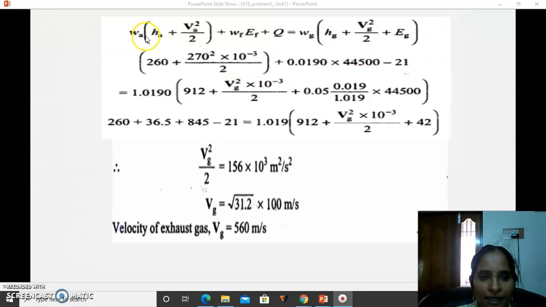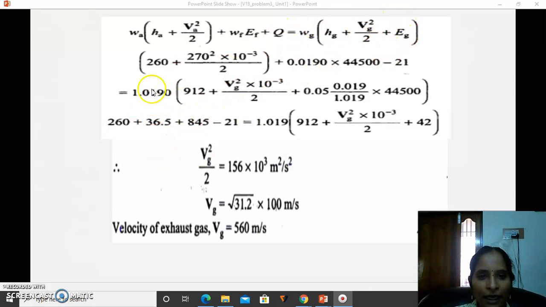Now just substitute here: enthalpy of the air has been given, and velocity is also given. Here you have the mass of the fuel and its energy, plus q, which has been given as heat loss, so it is taken with a negative sign.